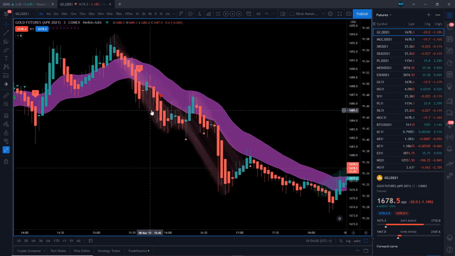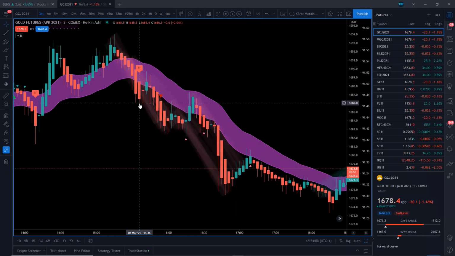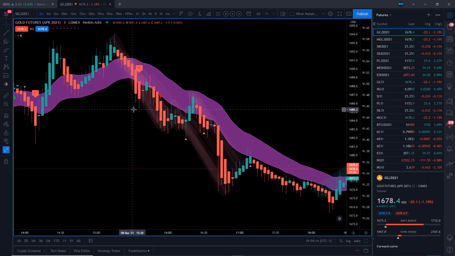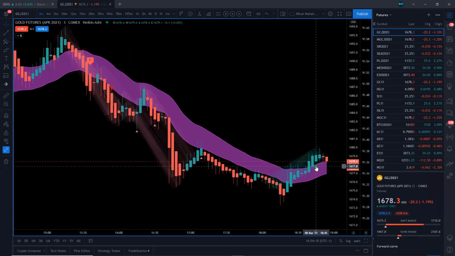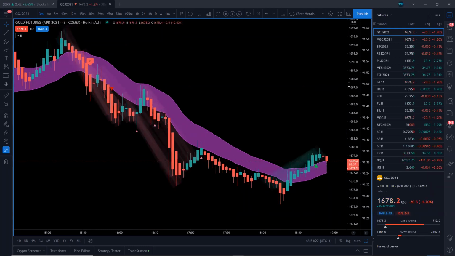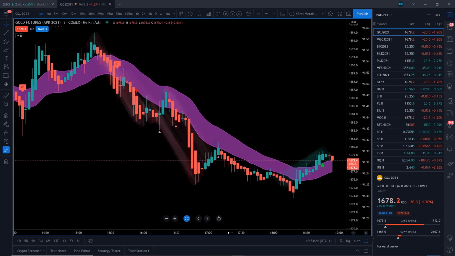The EMA cloud is the pink, and the Divergence Cloud is this coloring in red. We get a 6-star sell on gold here, with confirmation from the Divergence Cloud. 1685.3 is the short on gold. The profit was taken at 1677, so a $900 trade there today on gold. Very good.